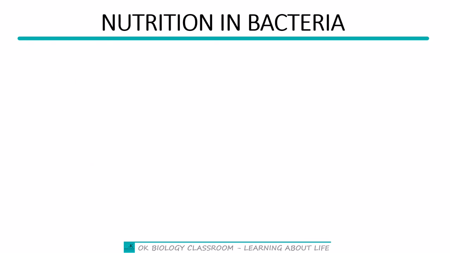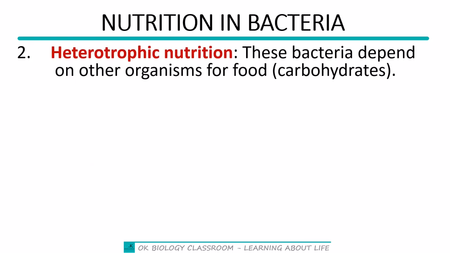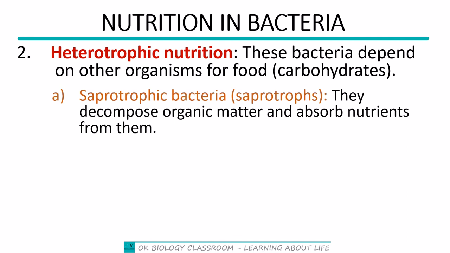Then we can talk about the heterotrophic forms, which are the bacteria that depend on other organisms for food. And here, I've already said that we have the saprotrophic forms, or the saprotrophic bacteria, which can also be referred to as saprotrophs. They decompose organic matter and absorb nutrients from them, and this is how the bacteria do it.